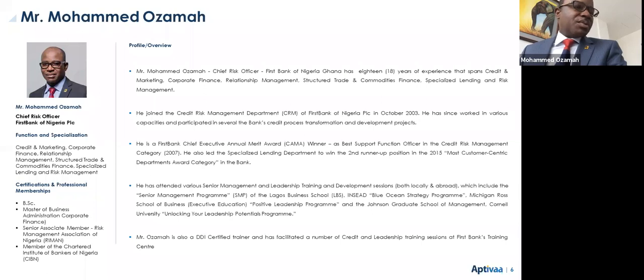Today we are going to be looking at the ICAAP and its importance, and also the ILAAP and its importance, as well as stress testing. Banks are required, from time to time, to determine the minimum capital that they should hold to support the kind of risk they are carrying at any point in time.